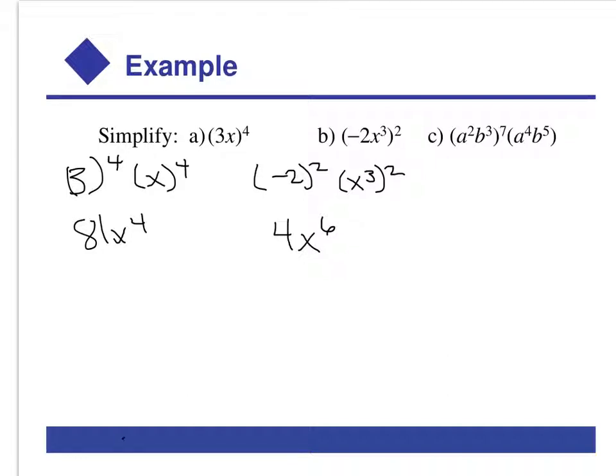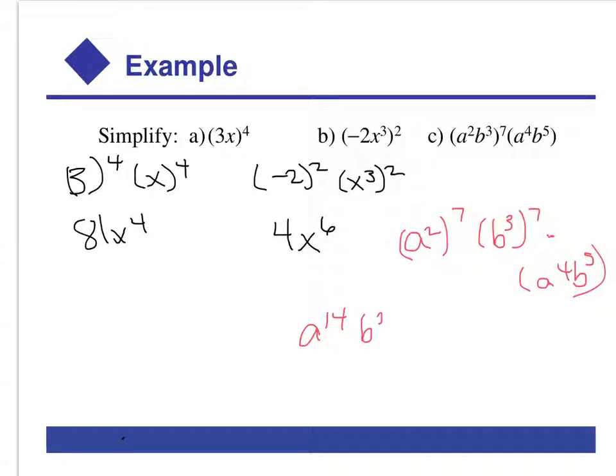On C, we have to look at it a little bit differently. So you have a squared raised to the 7th, b to the 3rd raised to the 7th, all of this times a raised to the 4th, b to the 5th. So a to the 2nd raised to the 7th gives us a to the 14th, and then b to the 3rd, which is then raised to the 7th, gives us b to the 21st.